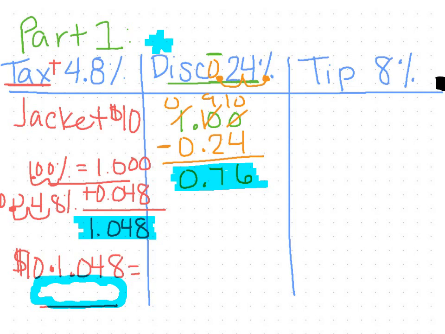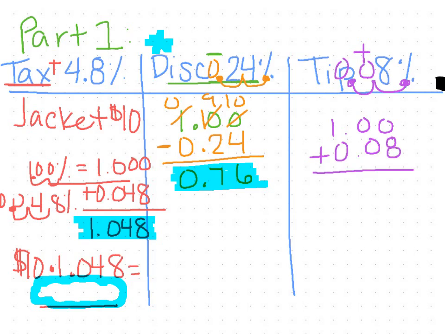And we have one more, tip. Tip is an add-on problem. So we have our bill, which is 100% of whatever it is we ordered, and we're going to add on our tip. And let's convert to a decimal, 1, 2, and we have 0.08, and simply add up, bring our decimal down, 1.08.